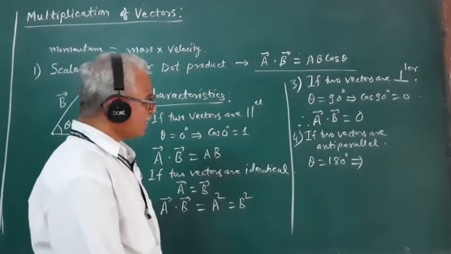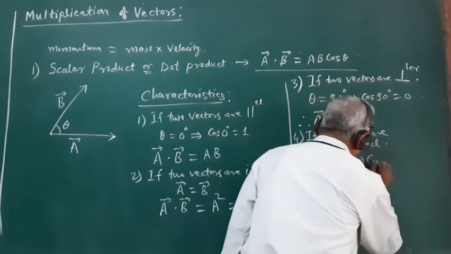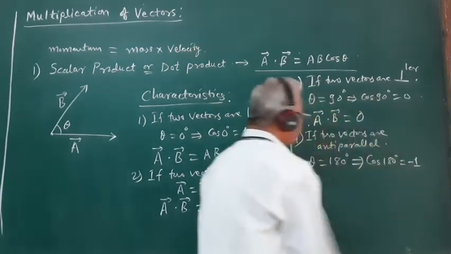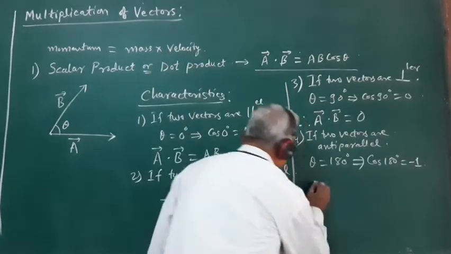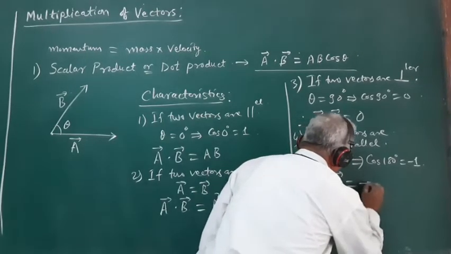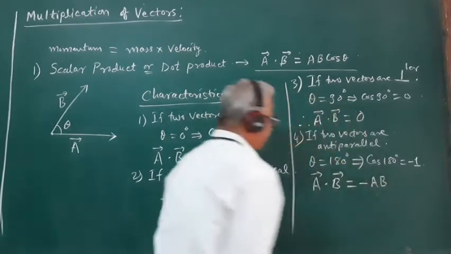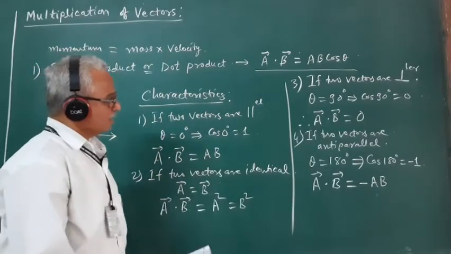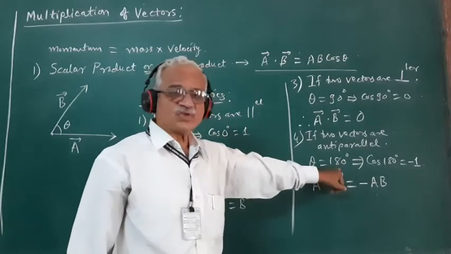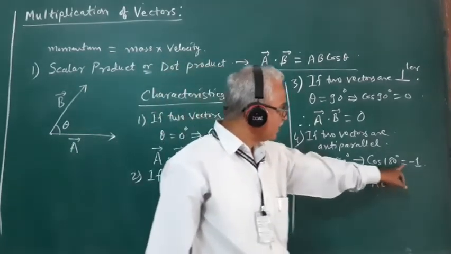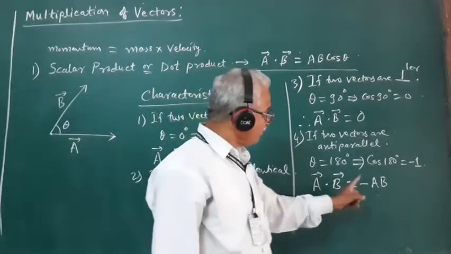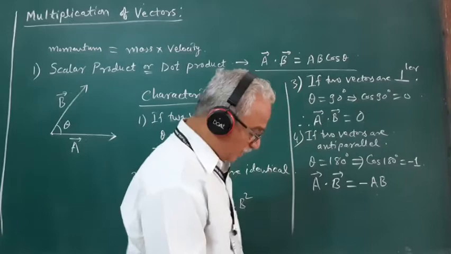And if theta is equal to 180 degree, the value of cos 180 degree is equal to -1. So that the dot product a bar dot b bar is equal to minus of a into b. If the two vectors are anti-parallel, the angle theta between the two vectors will be 180 degrees, so that the value of cos 180 is -1. So the dot product of such two vectors will be minus of a into b.